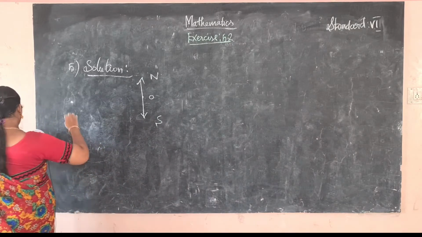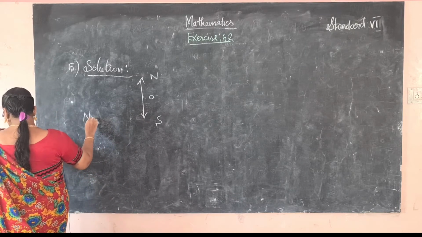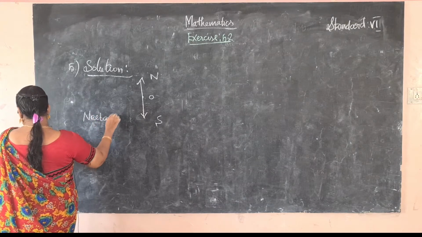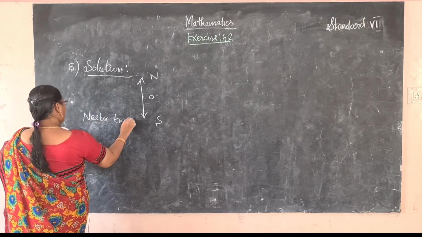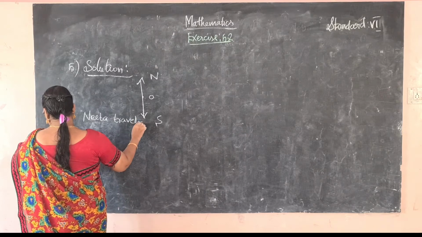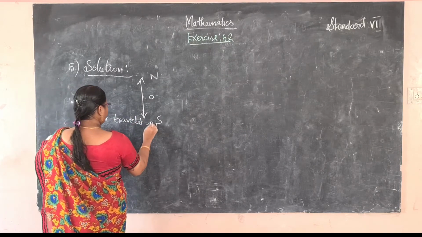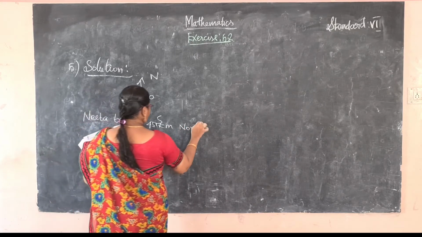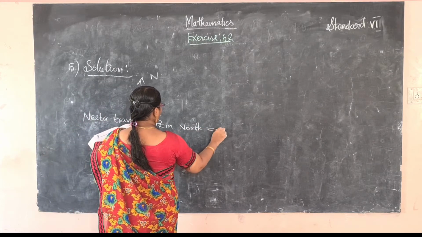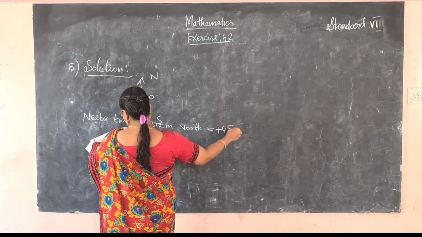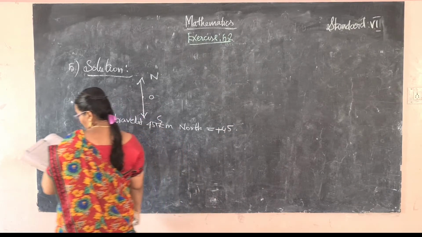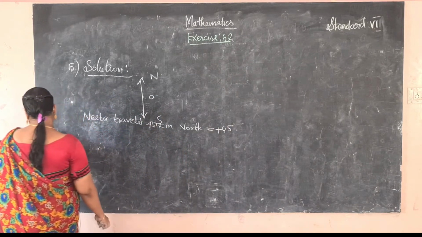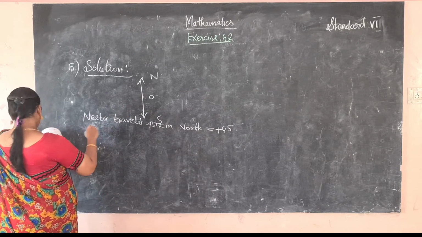So Nita needs to travel 45 kilometer north, which is equal to plus 45. Okay, Neha, so opposite of the direction.